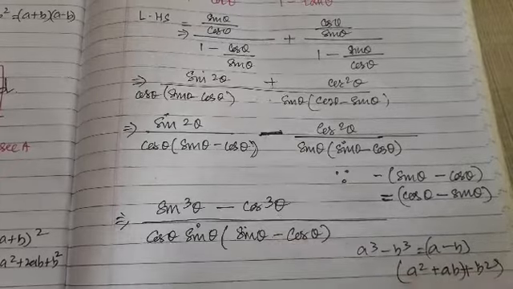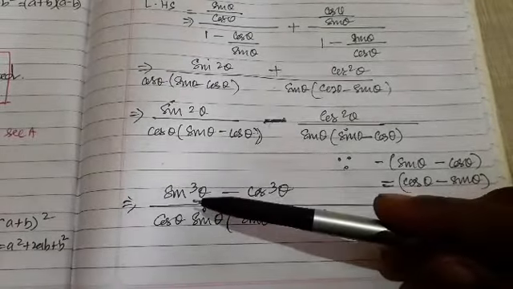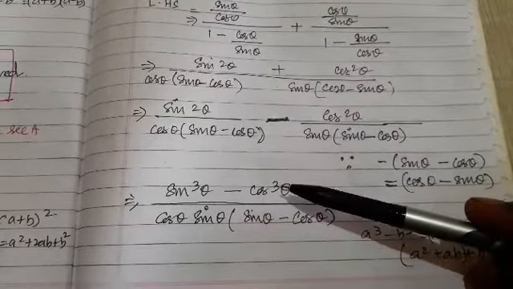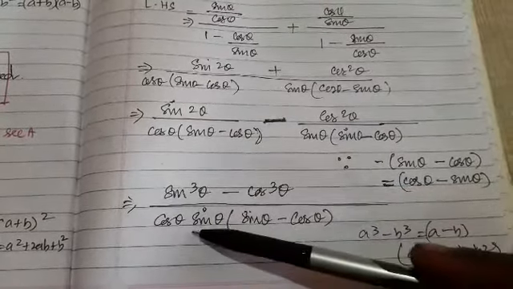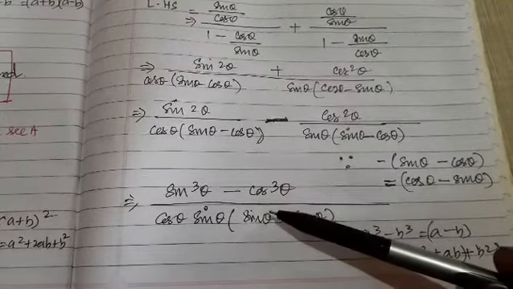Okay, then you see the numerator is sin cube theta minus cos cube theta upon cos theta sin theta bracket sin theta minus cos theta. Finally you are getting this one.